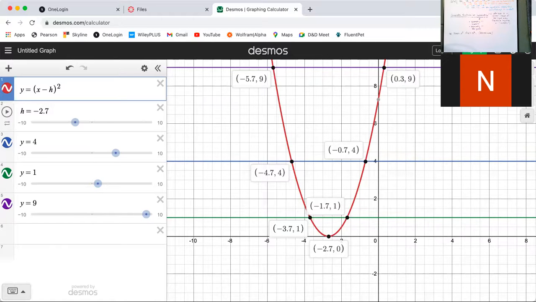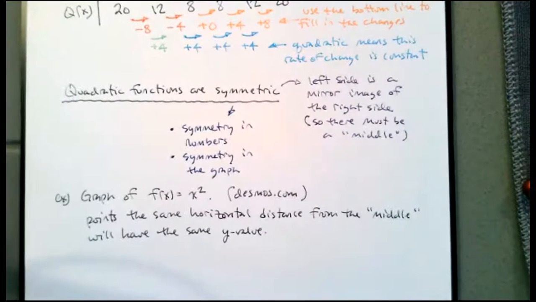Points the same distance horizontally from the middle will have the same y value. And so that's the symmetry that we'll see in the graph.